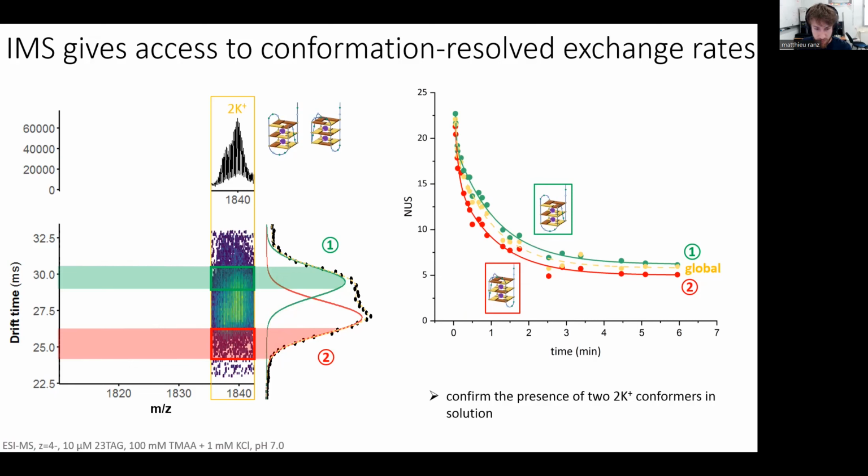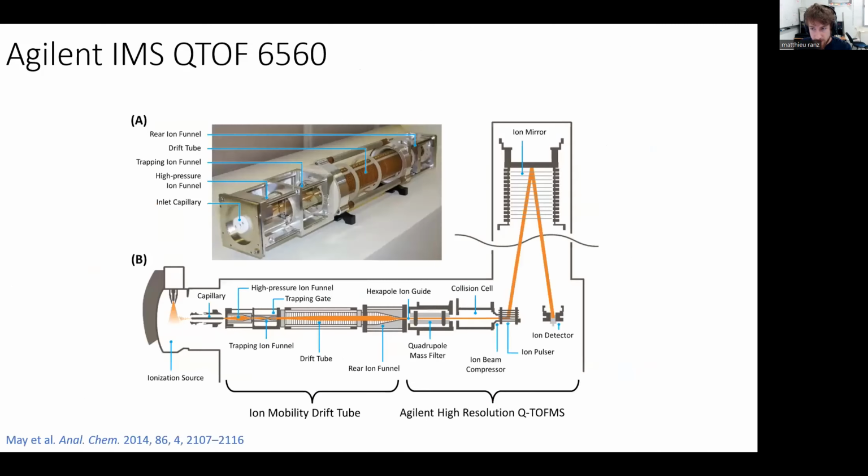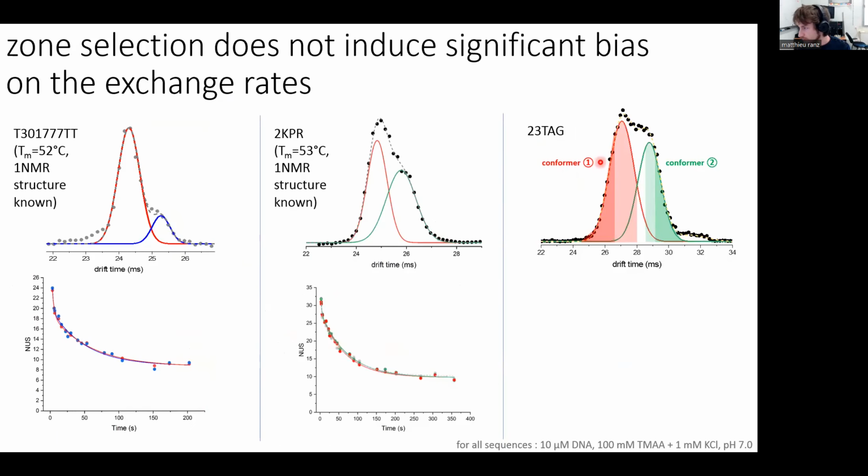I can even show you the results because I think I have this in backup. There we go. For the 23TAG, I've selected 4 zones in this range and in this whole range, and you can see that the difference is still significant for all the possible selections.